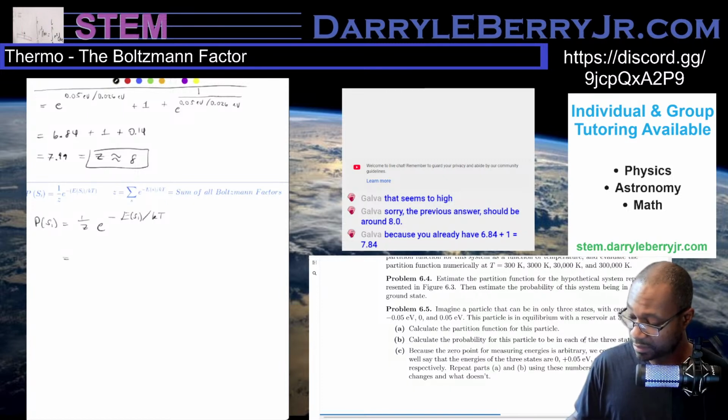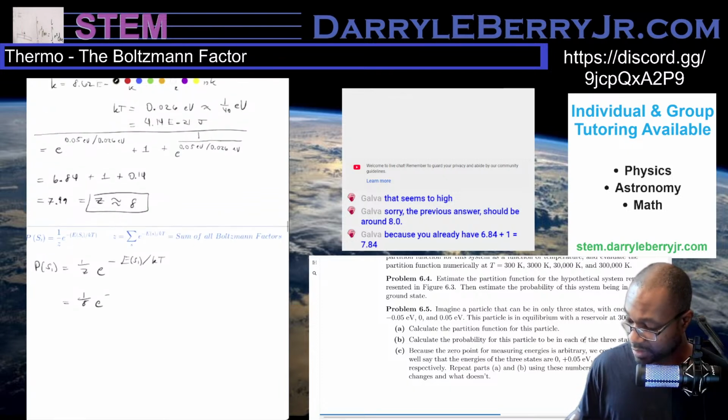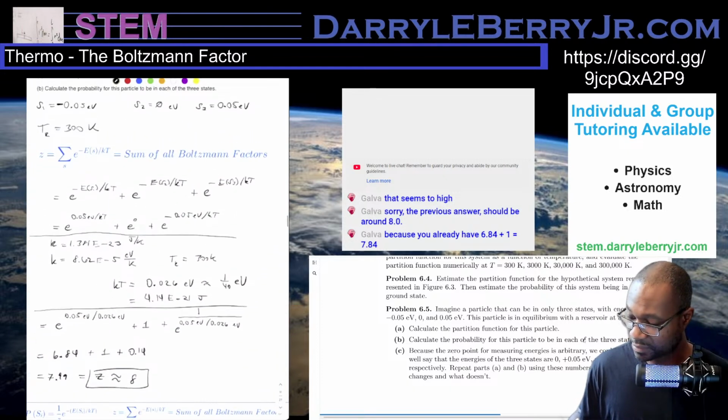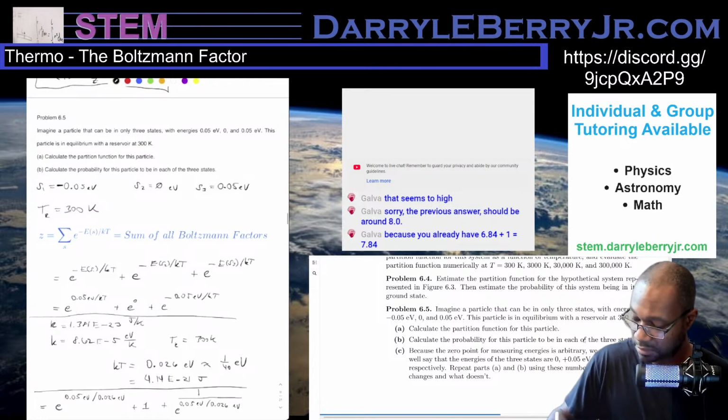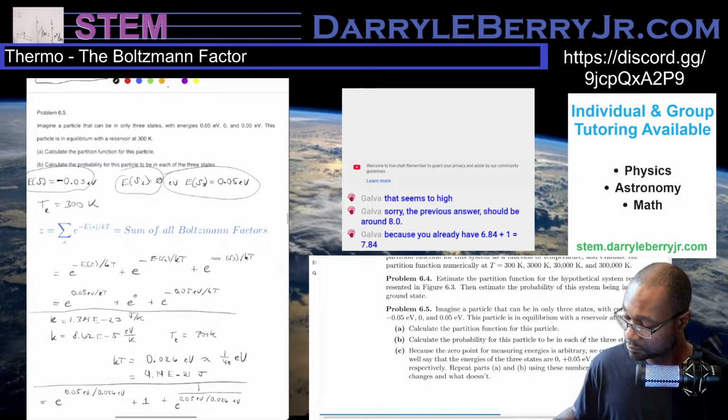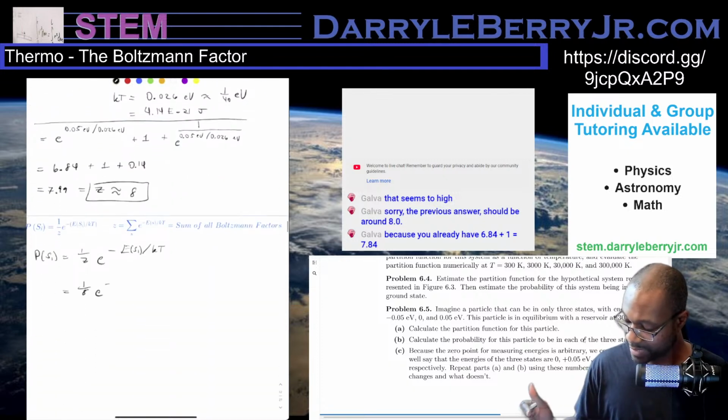So that's going to be 1 over 8, I'll just use the rounding, e to the negative energy of state 1 they gave us. Technically, this should be E of S1, E of S2, E of S3.